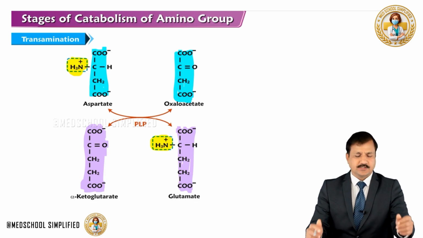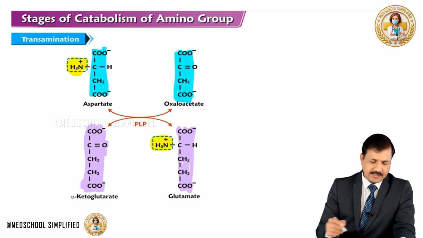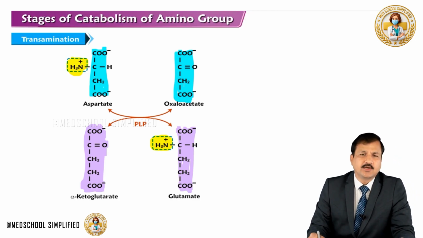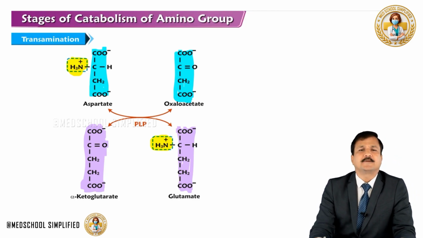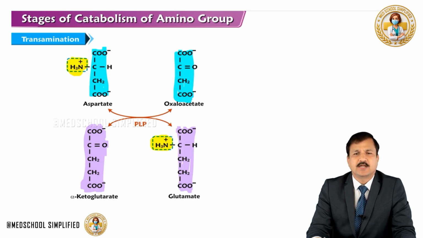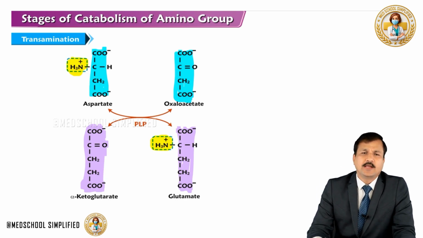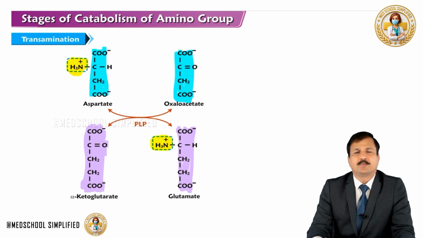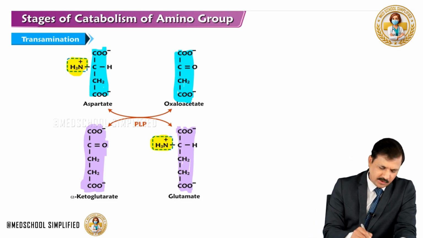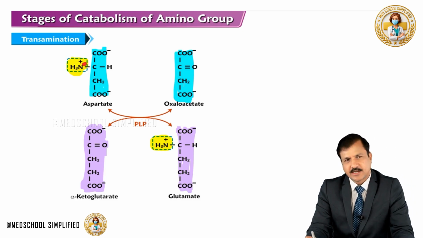Why do you need to do this? The reason is, if I am radio labeling certain groups in an amino acid and asking where exactly that particular group is found at the end of transamination. So if I am labeling a nitrogen atom in the aspartate, I am going to color it red. That is the radio label. Think that it's a radio label.